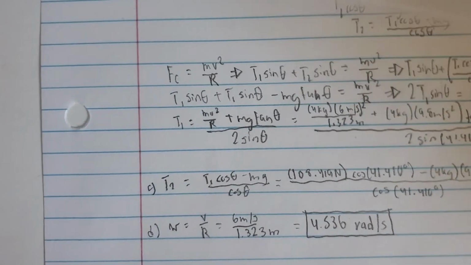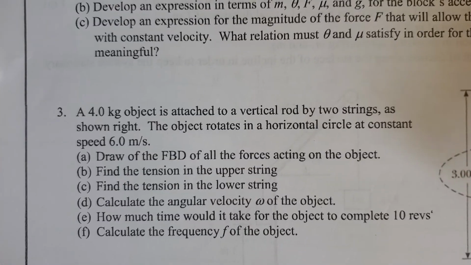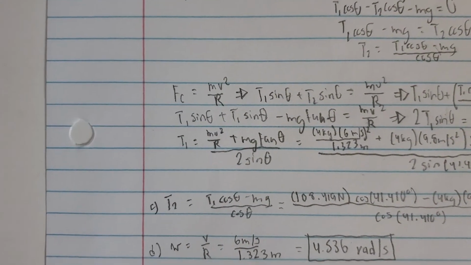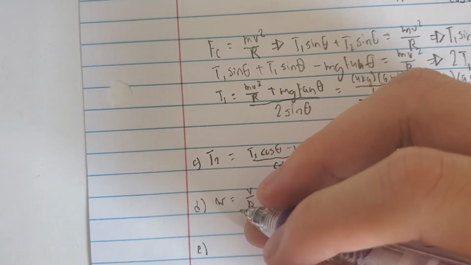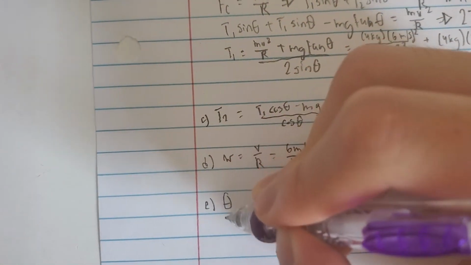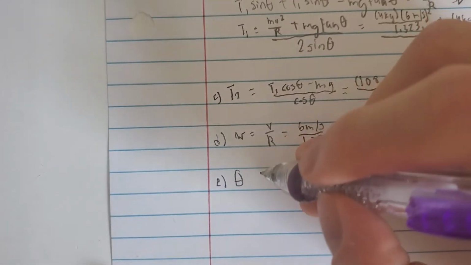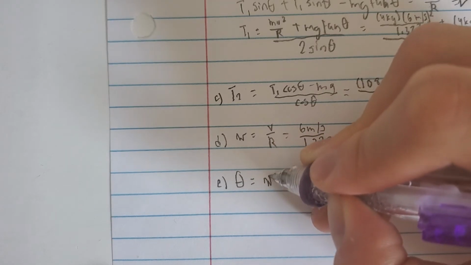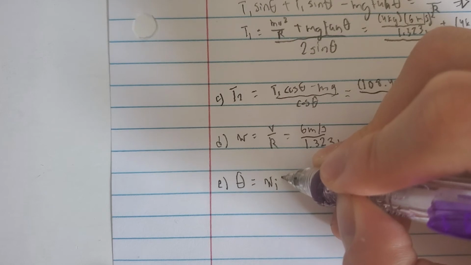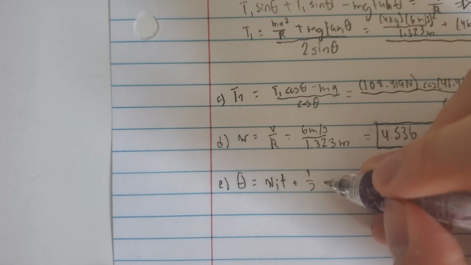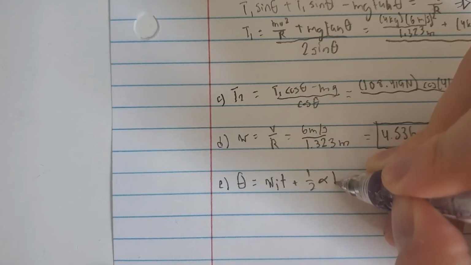Okay. Part E wants us to determine how much time it takes for the object to complete 10 revolutions. So first of all, I'm going to use this kinematic equation, but with angular quantities. So theta is equal to omega initial times t plus 1/2 alpha times t squared.